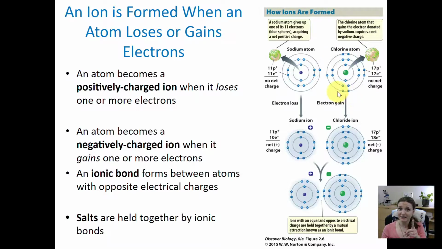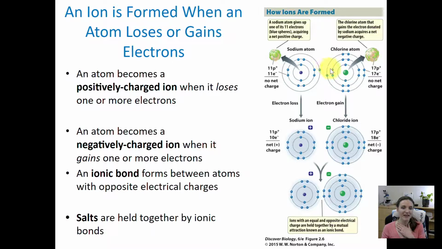It only needs 1. Sounds like a pretty good deal here. So what happens is that sodium transfers this 1 electron to chlorine. Sodium becomes positively charged when it gives up this electron. Chlorine, when it accepts this electron, becomes negatively charged.